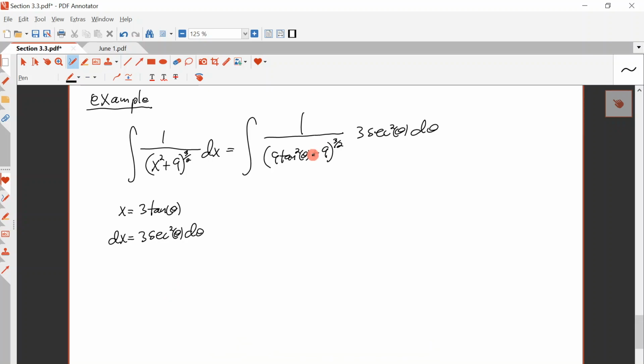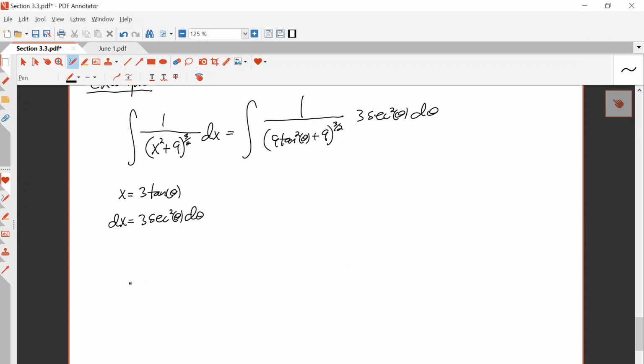All right. Next step, what you want to do is factor out the 9 with your sum right here. You want to eliminate that sum. So bring the 3 out front. So I have 3 secant squared theta over 9 times 1, or tangent squared theta, plus 1 to the 3/2.